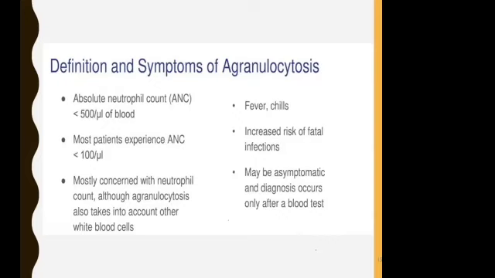So patients with such very low counts experience fever, they have chills, and they're also at a very increased risk for fatal infections. However, some of them may be asymptomatic, and sometimes we just find this on an accidental CBC. So the question was, how do we know whether these cells are present due to infection or bone marrow disease that is not allowing them to mature properly?